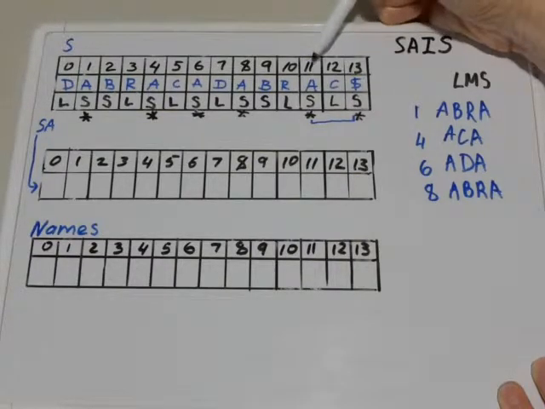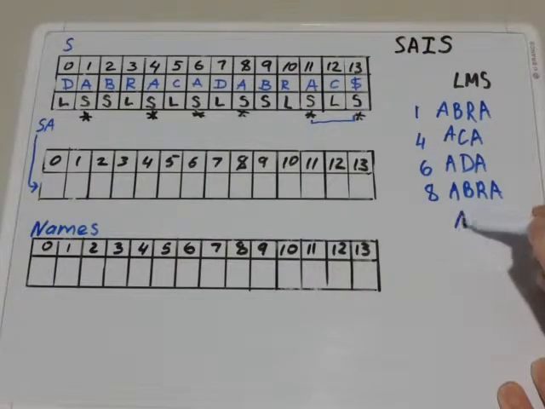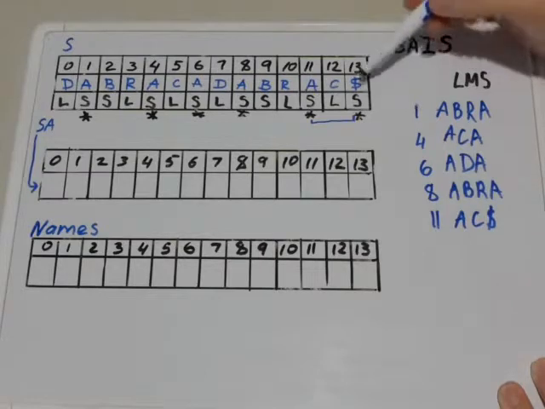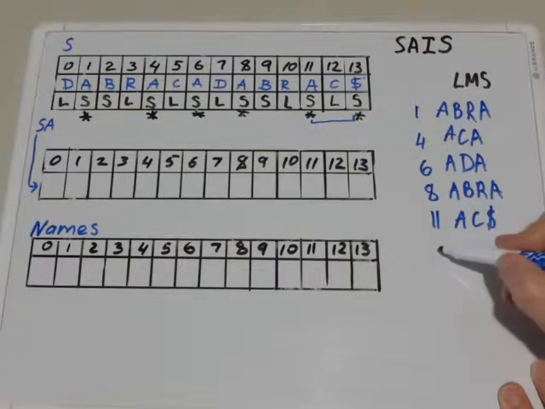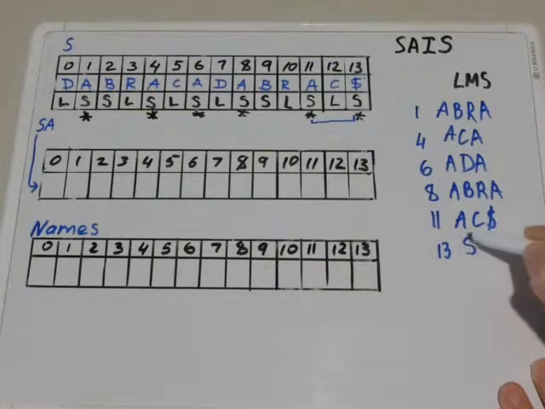And next position is 11, and the substring is AC$. And the next one is $. The $ sign is the only LMS substring of length 1. It starts at position 13.